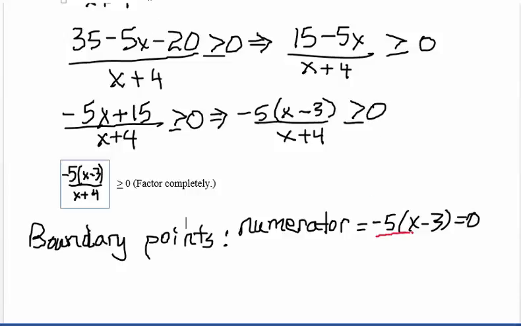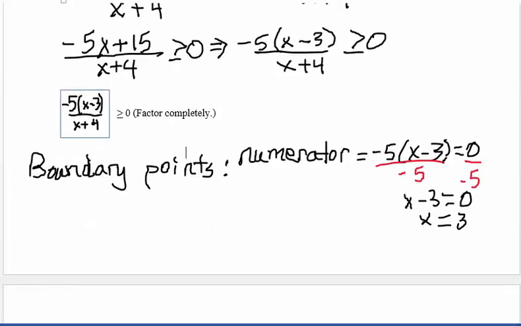And since the minus 5 does not involve the variable and is a factor, I can divide both sides of this equation by minus 5. I'll get the same solutions that I would have gotten if I didn't divide by the minus 5. When we're finding boundary points, we want to set the numerator to 0. So I'm now solving x minus 3 equals 0, which means, of course, x has to be 3.